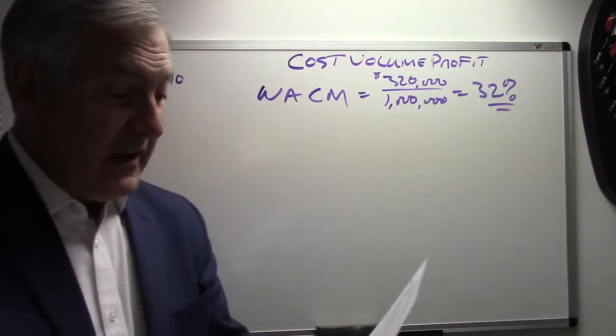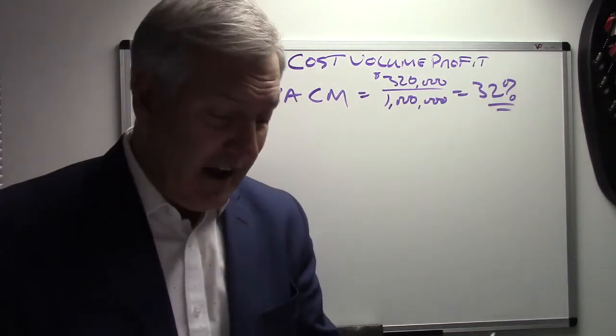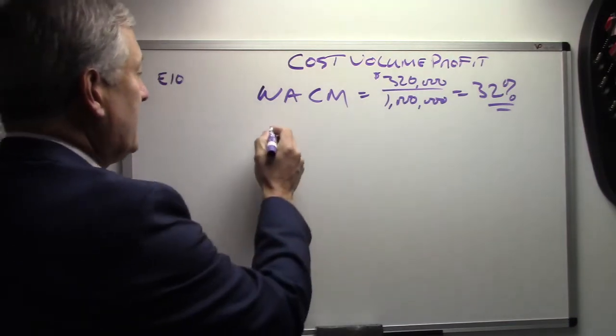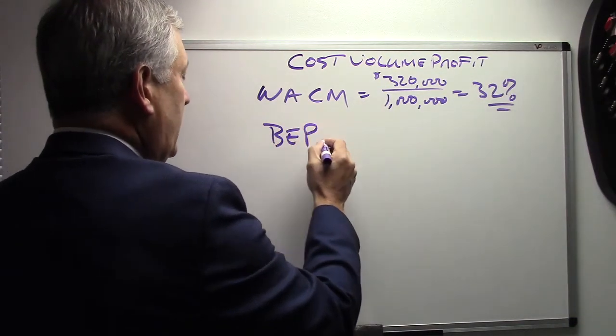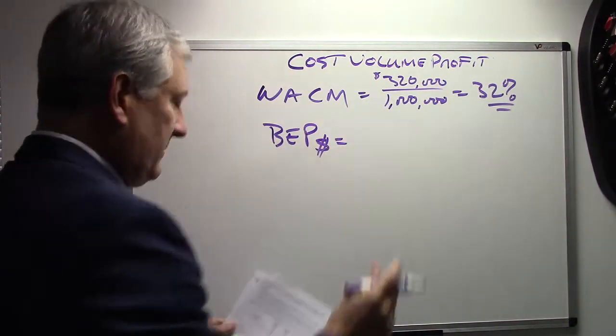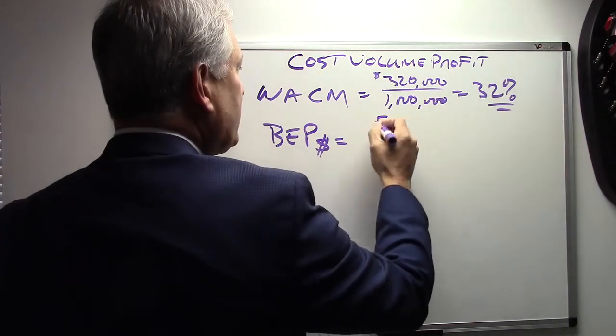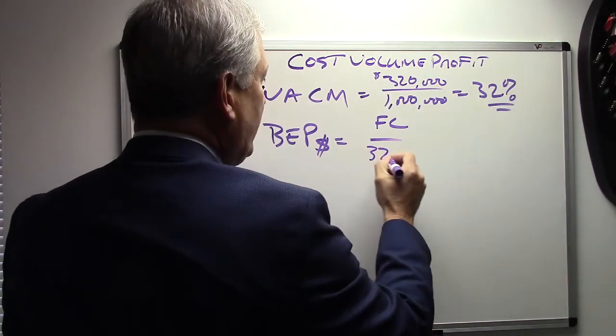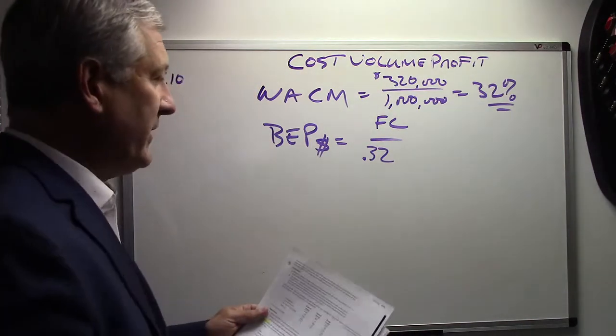Item C says calculate the break-even point in dollars. Now again, that's a relatively easy calculation. That's going to be a break-even point in sales dollars. That's going to be your fixed cost divided by the weighted average contribution margin of 32%, divided by 0.32.